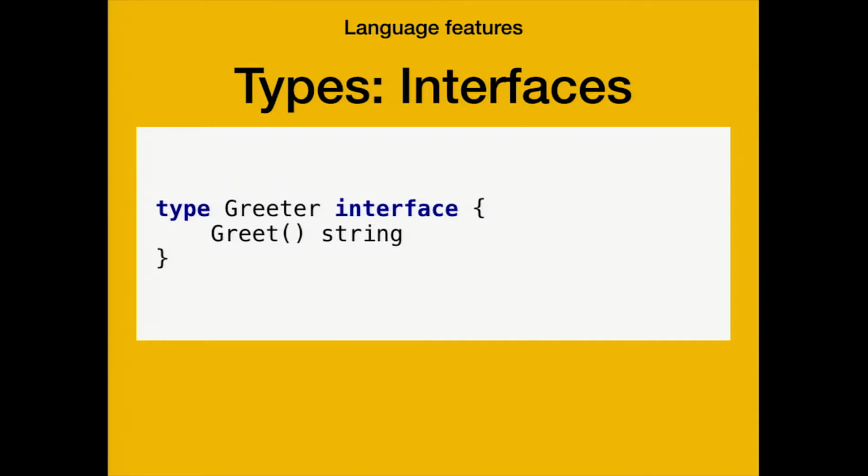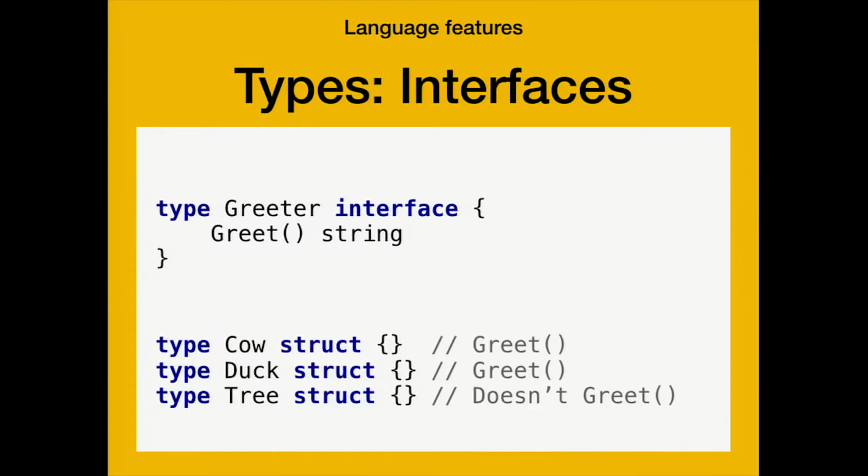Both the cow and the duck implement this interface, and that is done implicitly in Golang. You don't explicitly have to declare it, like the implements keyword in PHP. The compiler figures this out, and I think it's a nice approach because you don't have to worry about that.